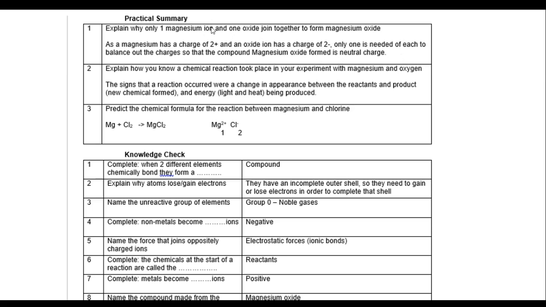If, for example, magnesium was still 2+, but oxide ion had only one negative charge, -1 charge, then we would need 2 oxide ions to make up that -2 charge to balance it out. But at the moment they're already balanced, they're already equal, so the compound magnesium oxide, MgO, just one ion of each, forms a neutral charge.